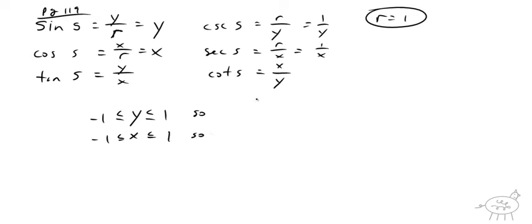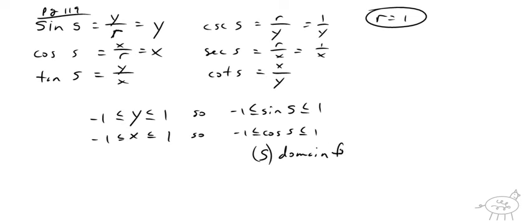So the sine of S, where y is the sine of S, has to also be between negative 1 and 1. And cosine of S has to be between negative 1 and 1. Okay? So S is the domain for these functions.